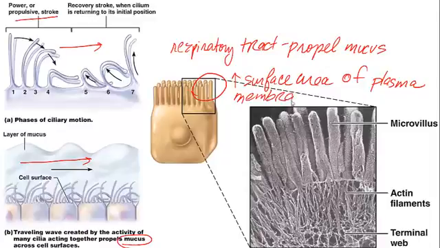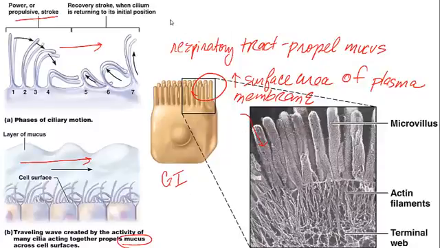So we would expect to find the microvilli in absorptive areas of the body, so places where there needs to be a lot of molecules that actually go from the digestive tract into the cells for processing. So one example of this certainly would be in the GI tract that we would find the microvilli.